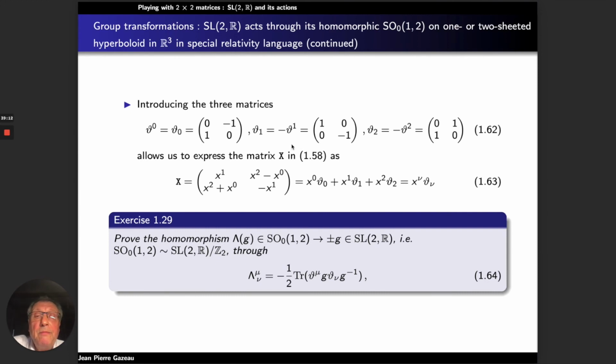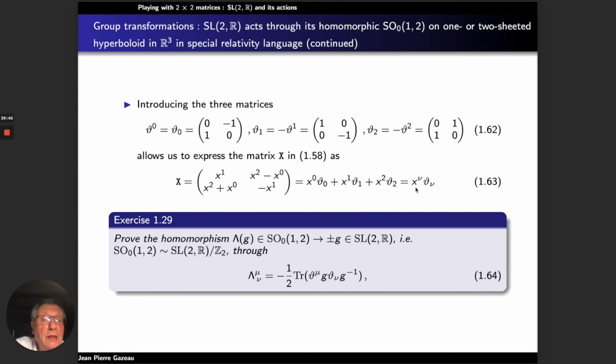Every traceless matrix X is given by this expression. It can be decomposed into the sum of 3 elementary matrices, where you put the components x0, x1, x2.